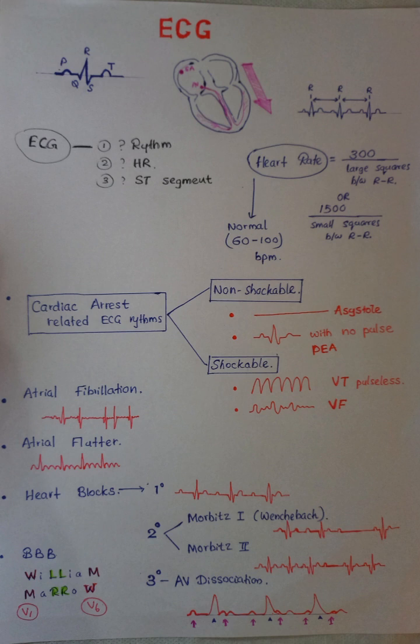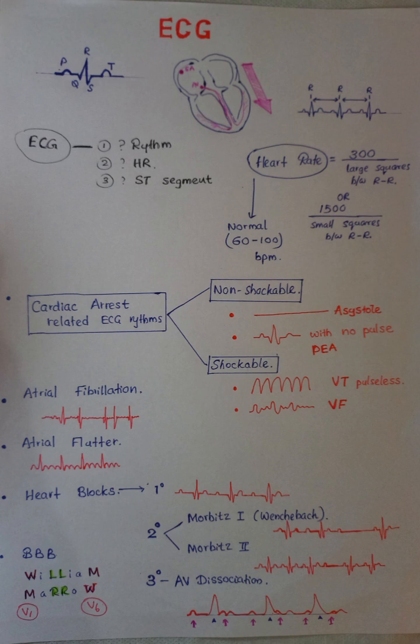There's no association between the P waves and QRS complexes. So in the ECG, if you can locate the QRS complexes at a regular pace separately and also the P waves separately, but there's no association, that is AV dissociation, or complete heart block.